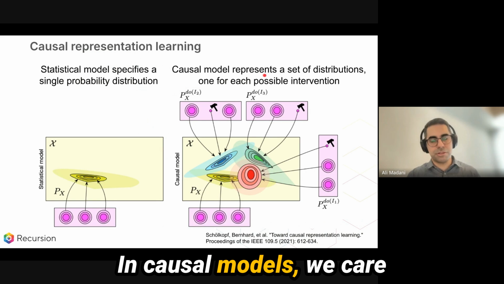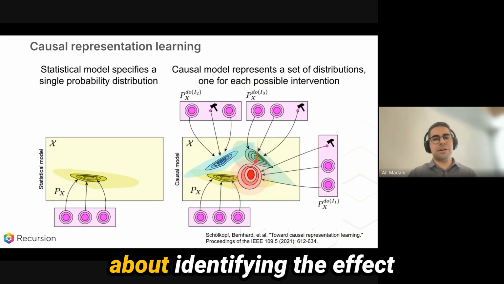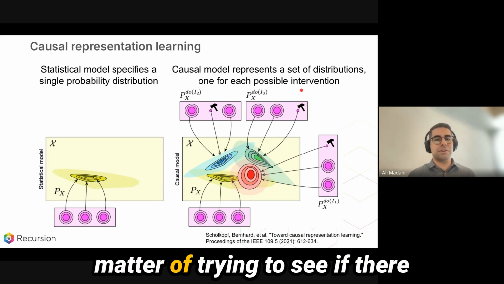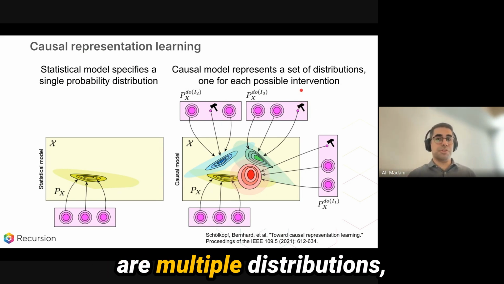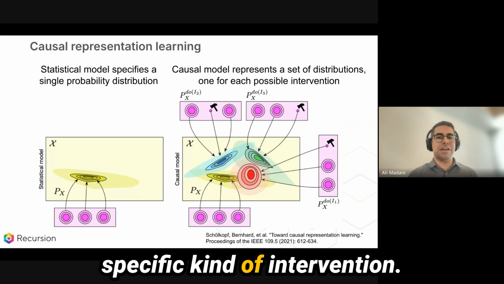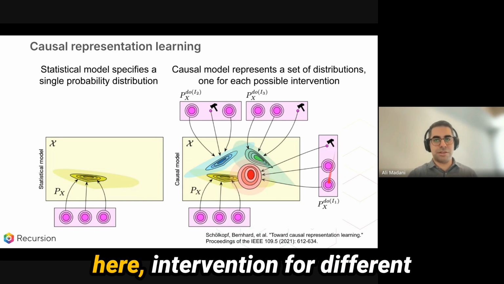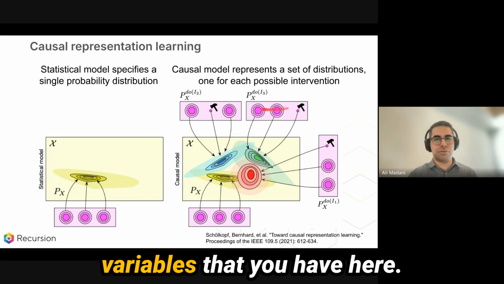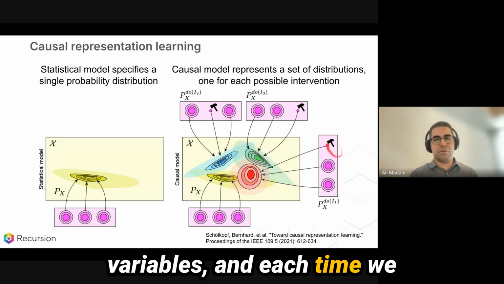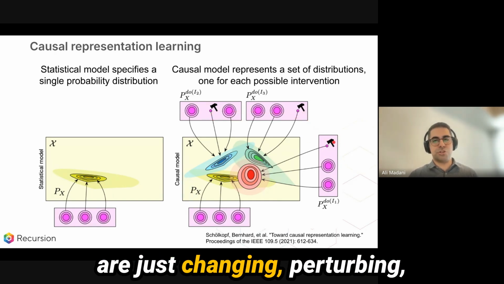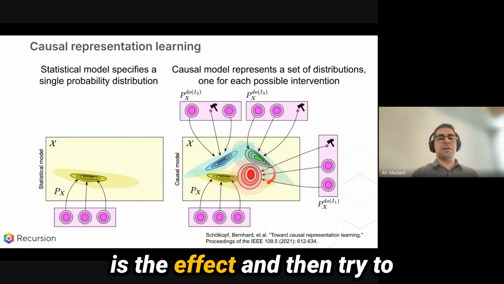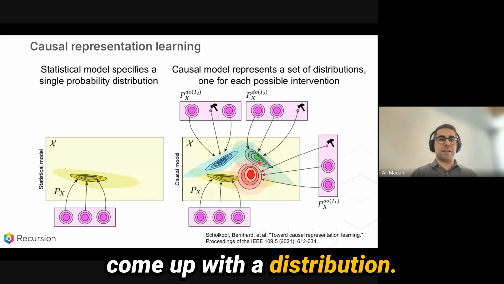In causal models, we care about identifying the effect of interventions. Then it is a matter of seeing if there are multiple distributions, each one of them related to a specific kind of intervention. For example, as you can see here, intervention for different variables. In this case, you have 3 variables, and each time we are just changing, perturbing, intervening with one of those, and then we see what the effect is, and then try to come up with a distribution for that.